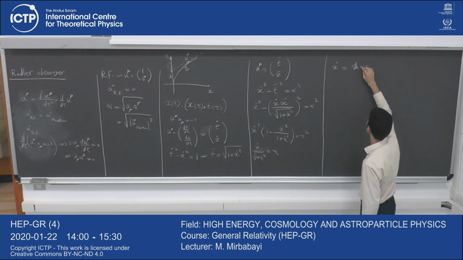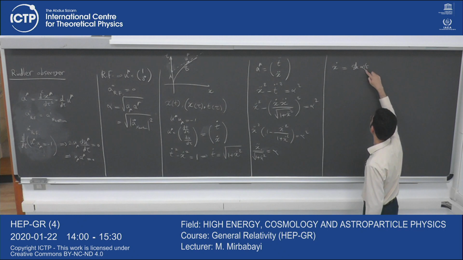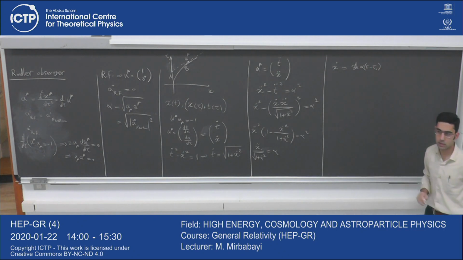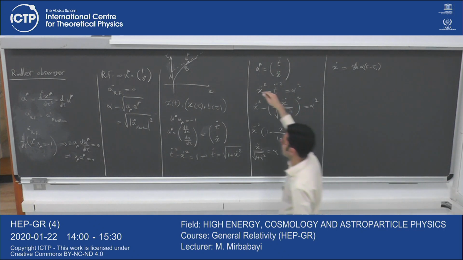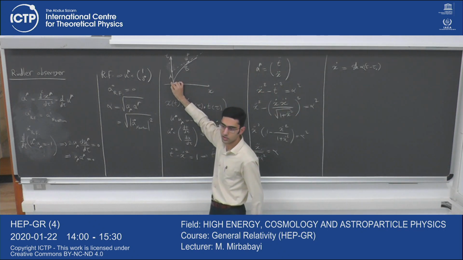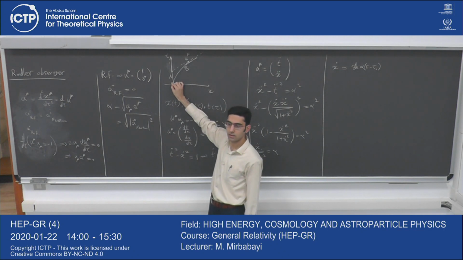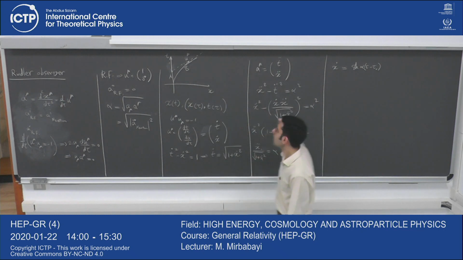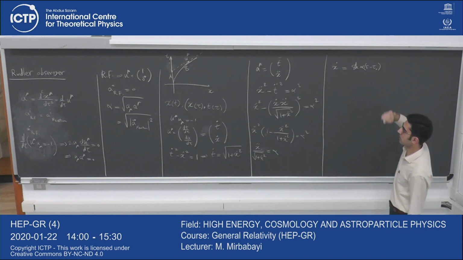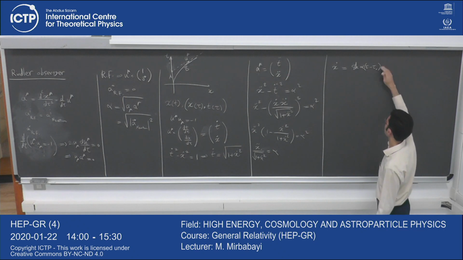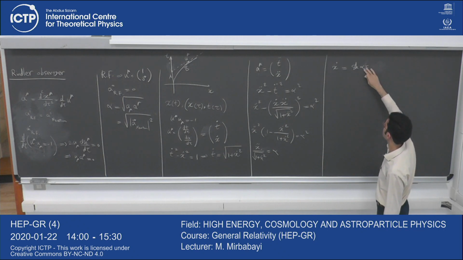The solution is sinh of alpha times tau minus some constant tau naught, but I choose the origin of the clock, the zero of the clock, to be at the starting point of the trajectory. At this point we start from zero velocity, therefore X dot at tau equal to 0 is equal to 0. So I fix the integration constant to be 0.